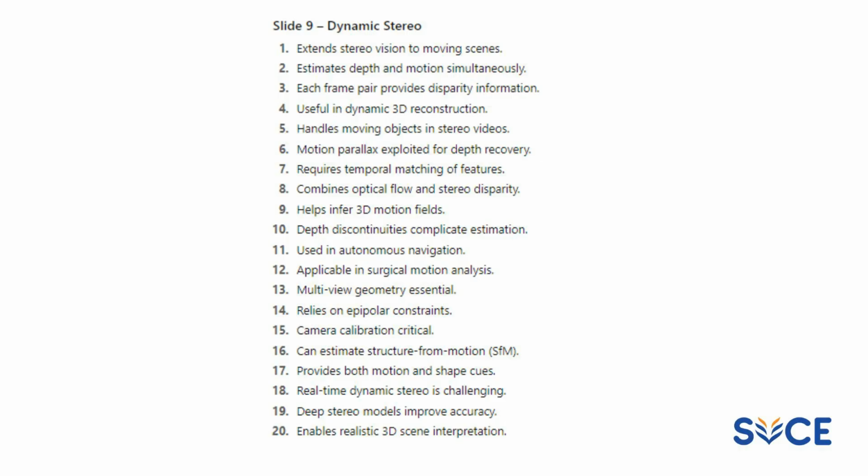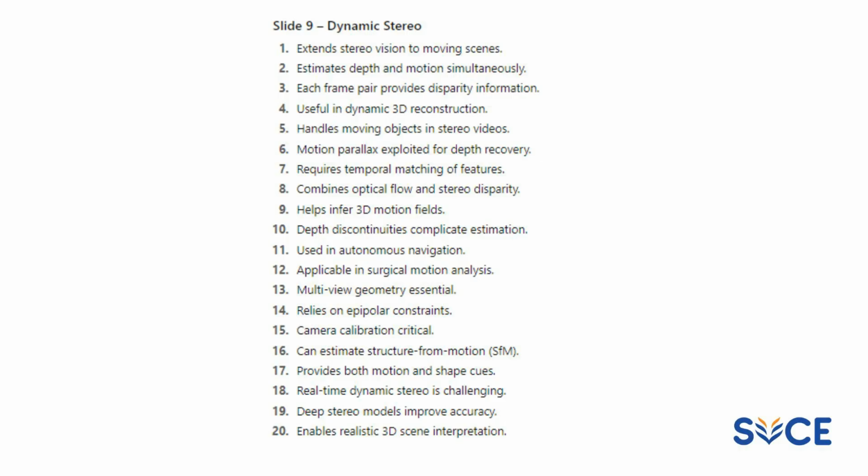The depth is then estimated using triangulation, that is Z = F × B / D, where Z is the depth of the point, F is the focal length of the camera, B is the baseline distance between the cameras, and D is the disparity.